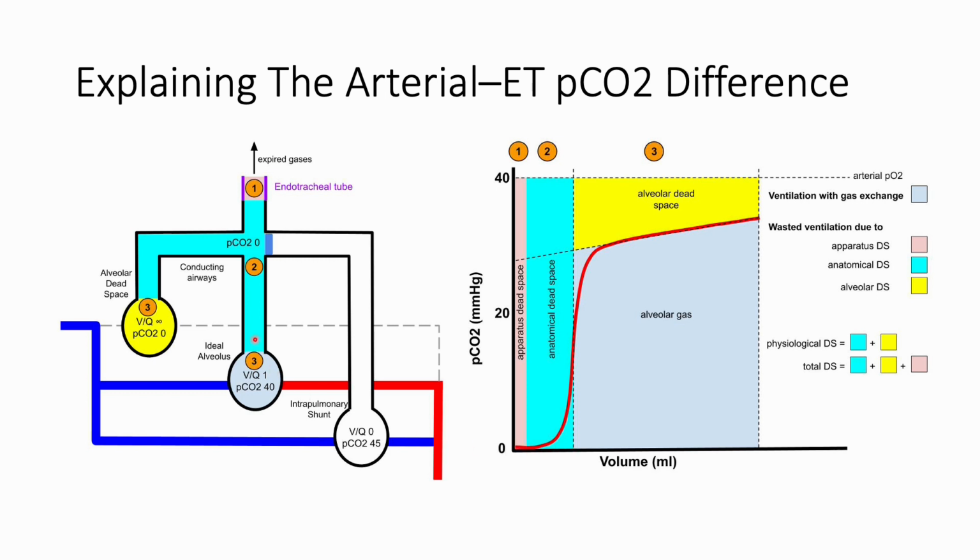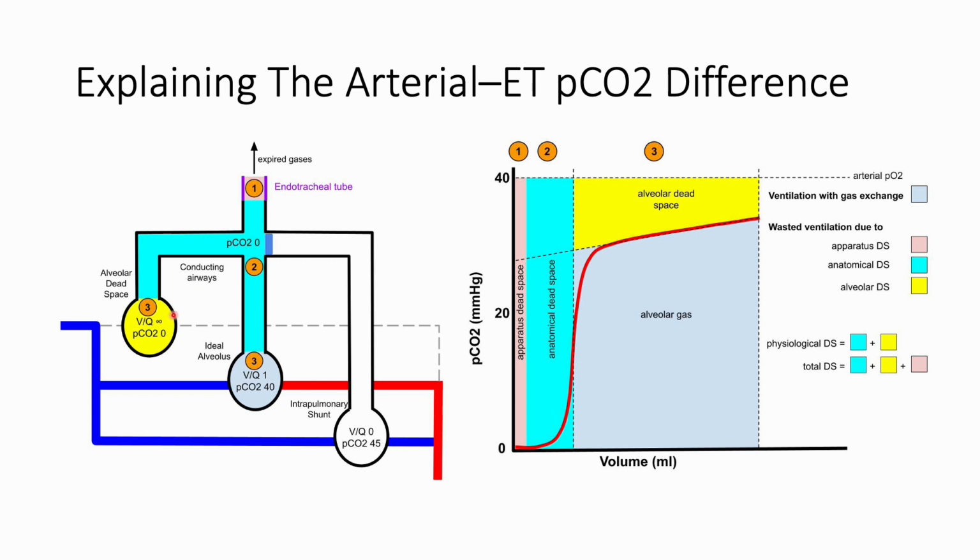And following the anatomical dead space gas, it's going to be the ideal alveolar gas and the alveolar dead space gas that's coming out at the same time. Now, if there were no alveolar dead space present, then it would all be ideal alveolar gas coming out, which has a PCO2 of 40. So in phase 3, our trace would go up to 40, which would be the same as the arterial value.